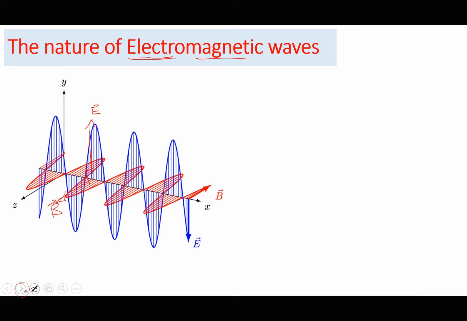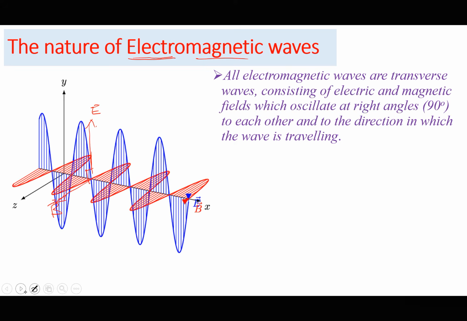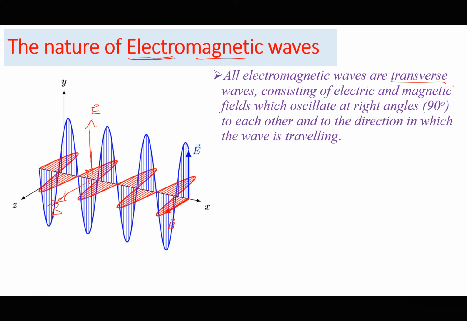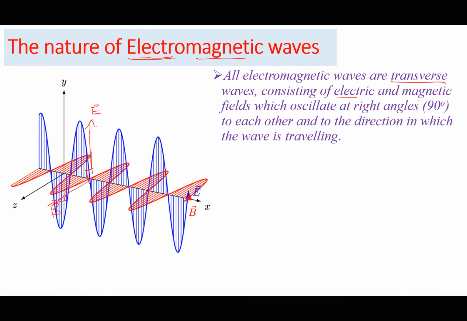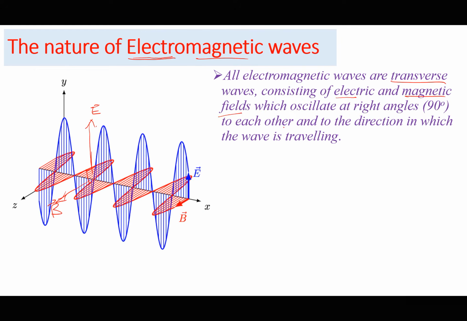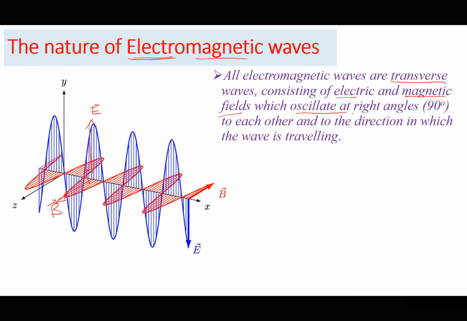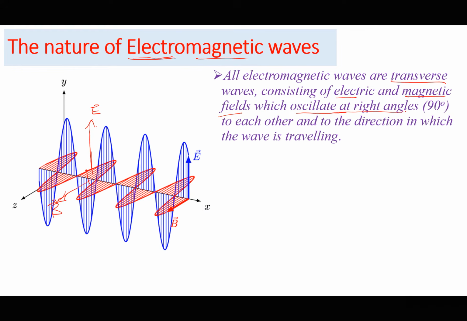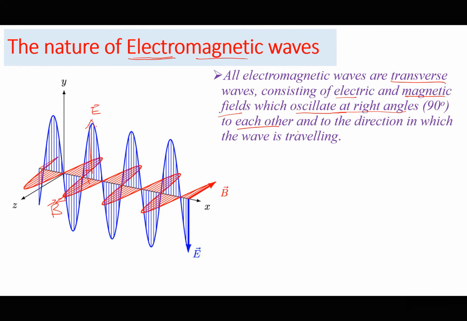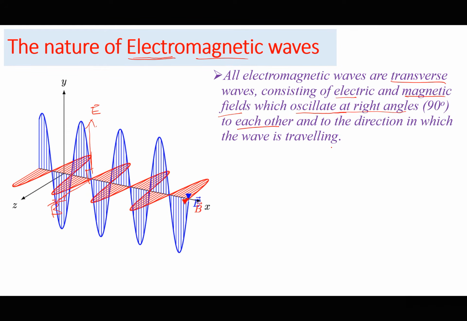All electromagnetic waves are transverse in nature. They consist of electric and magnetic fields which oscillate at right angles to each other and to the direction in which the wave is traveling.